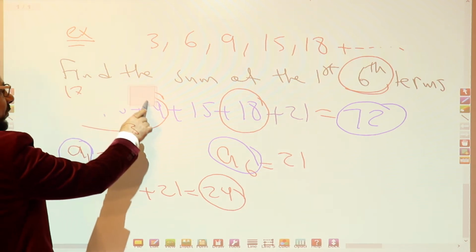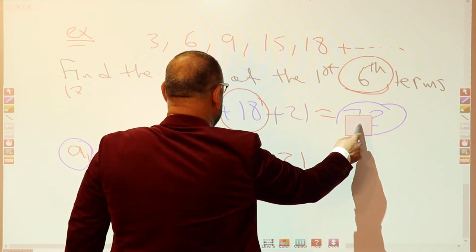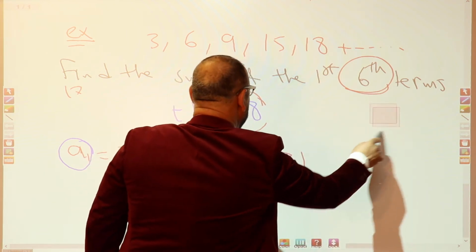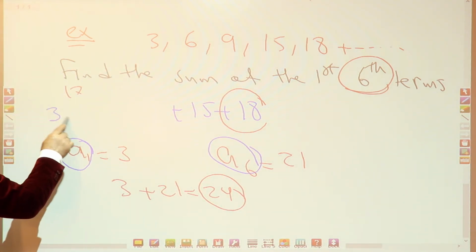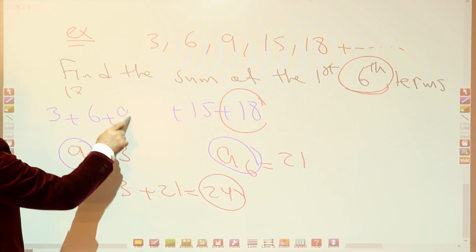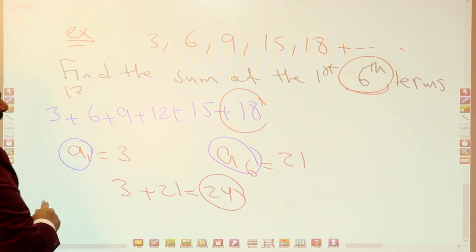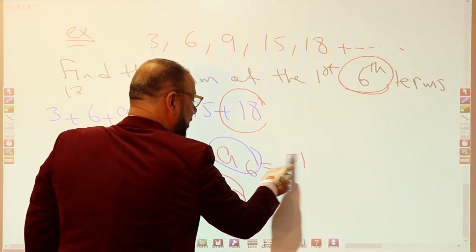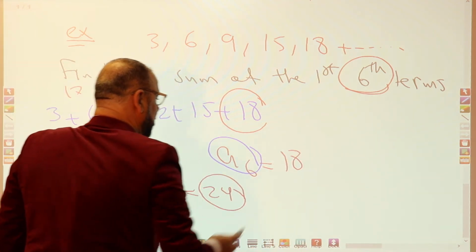3, 6, 9, up to here, and I'm going to erase this one, and the 21. You see that? Okay, good. Then what do we have? 3, 6, 9, and 12, 15, 18. We have 6 terms, and a_6 is 18 now.